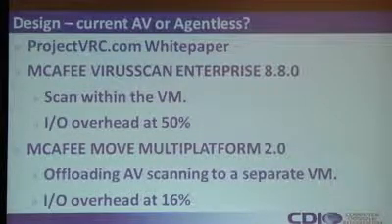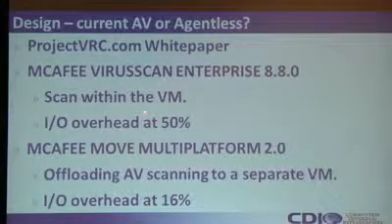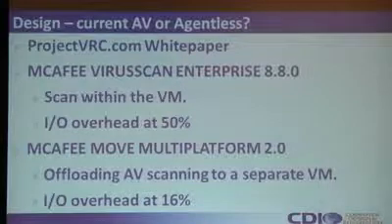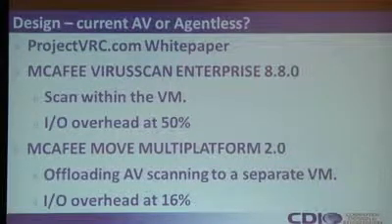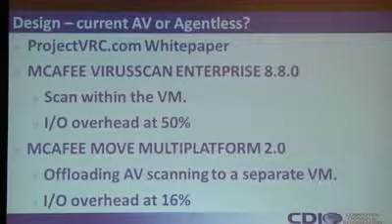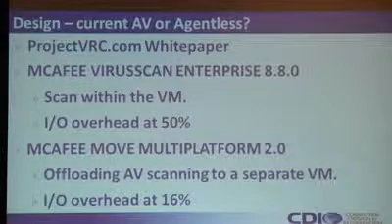So here, they tested McAfee VirusScan Enterprise 8.8, which is a traditional antivirus solution that has an agent inside the VM and scans inside the VM. They have a lot of different statistics, but the point is that the I/O overhead was 50%.